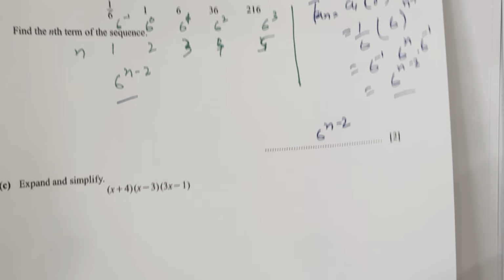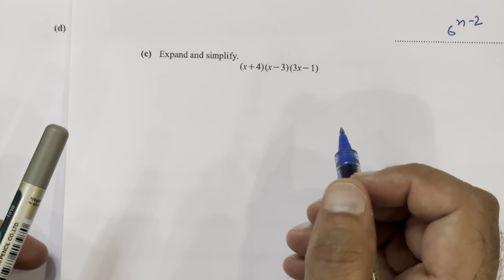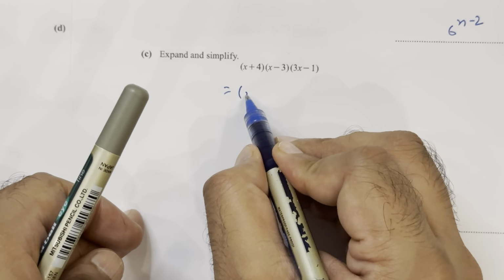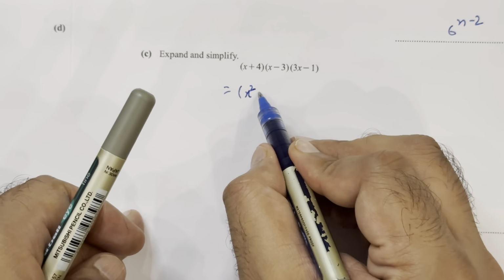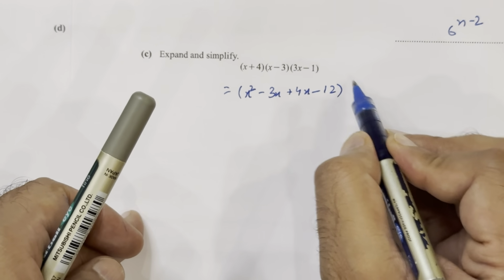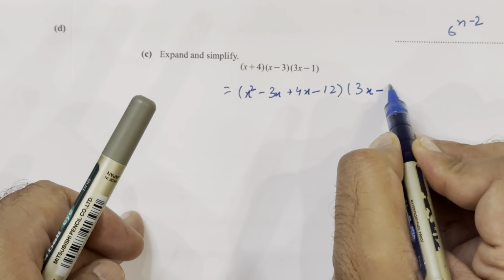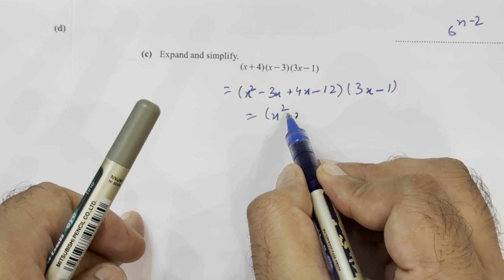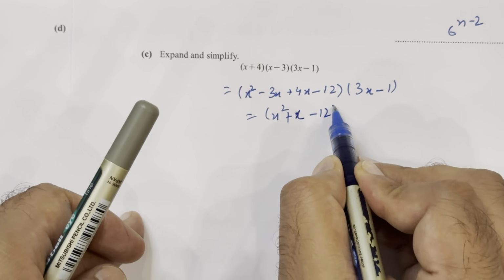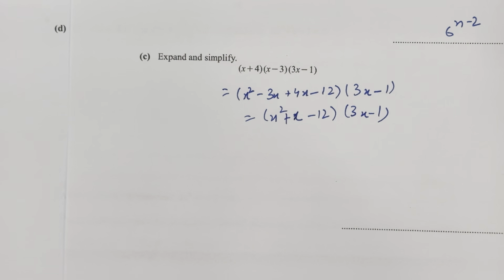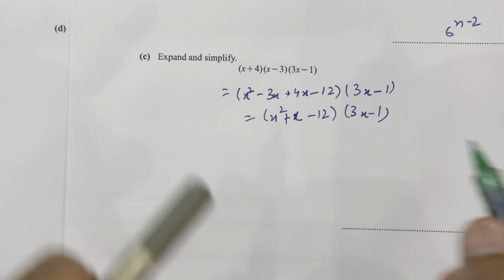Next part is the C part, from the topic of algebra. Expand and simplify. First you need to multiply this. X into x would be x square, then it would be minus 3x, then it would be plus 4x, then it would be minus 12, then 3x minus 1. Now solve this. X square minus x square plus x minus 12, 3x minus 1. Okay, now multiply them one by one.